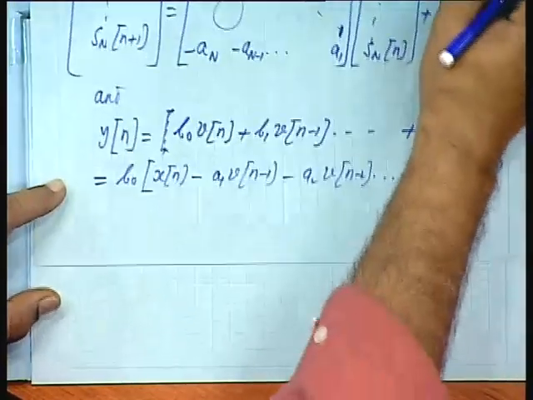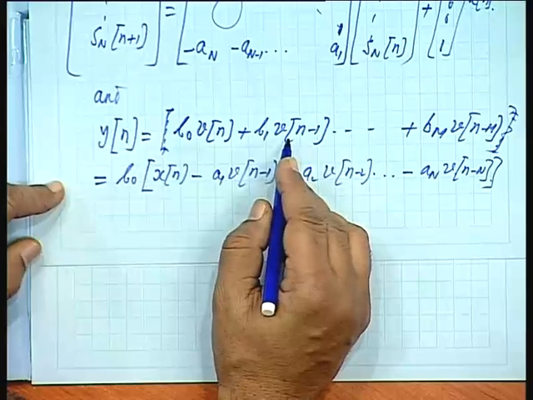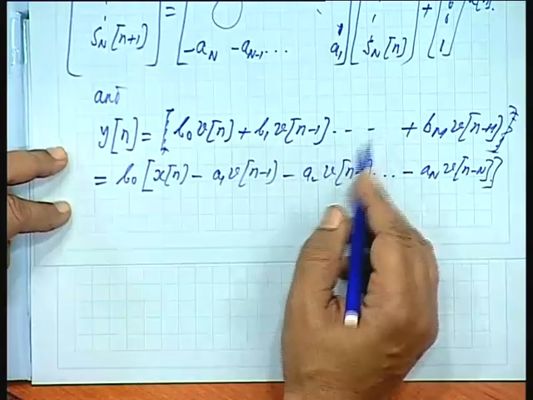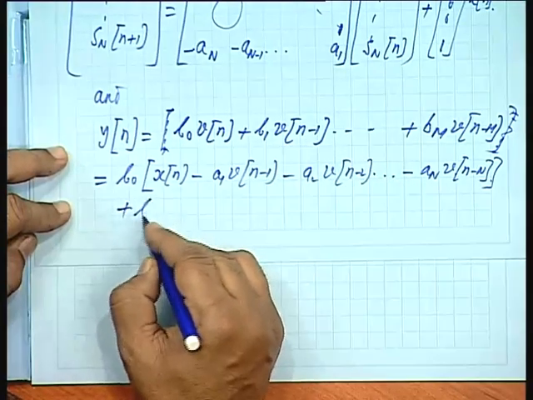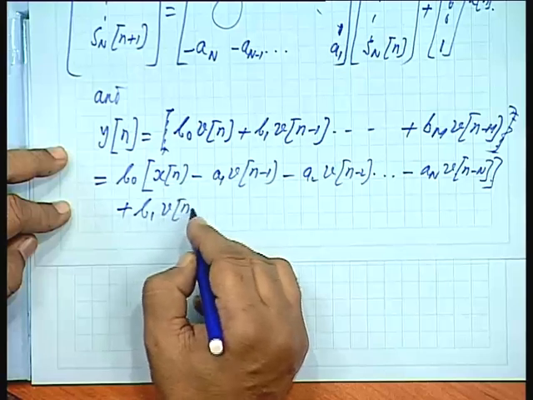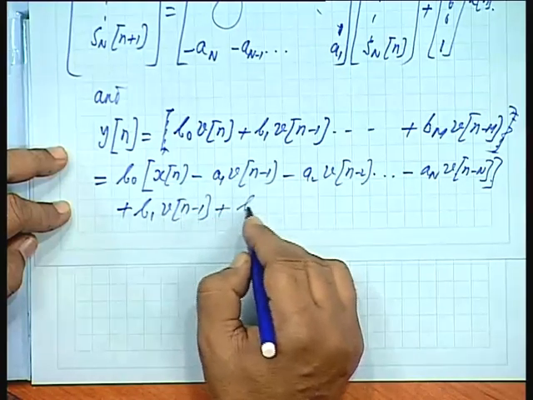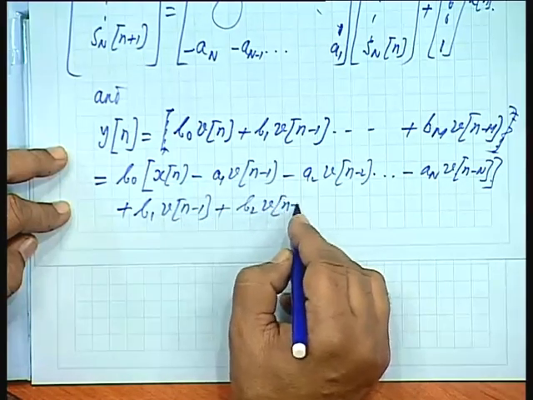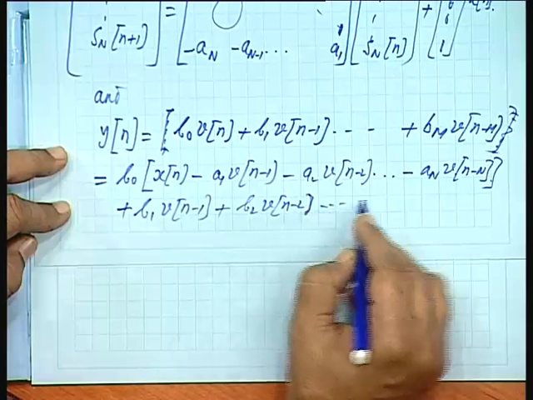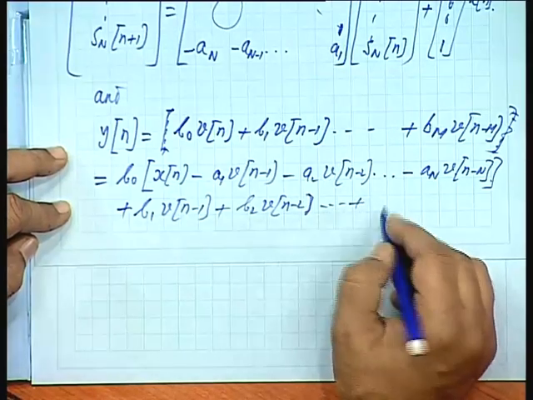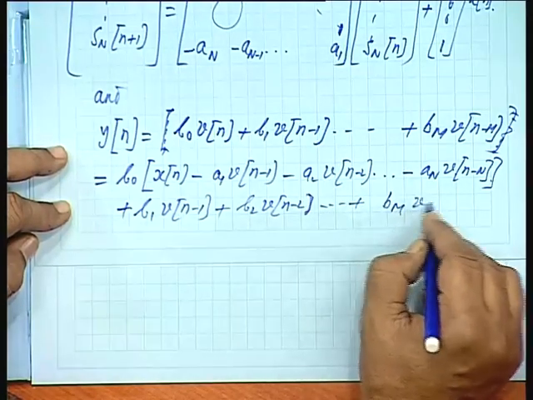Then this plus b1 into Vn minus 1 plus b2 into Vn minus 2 and so on up to the last term bm Vn minus m.